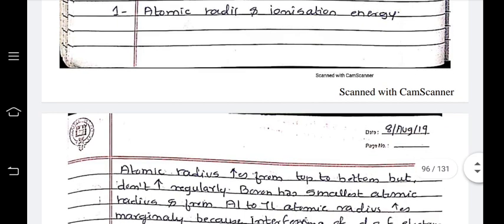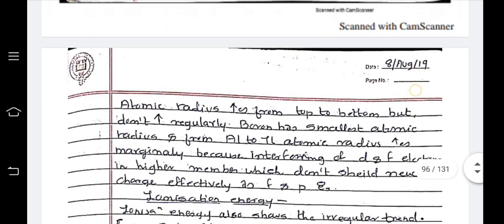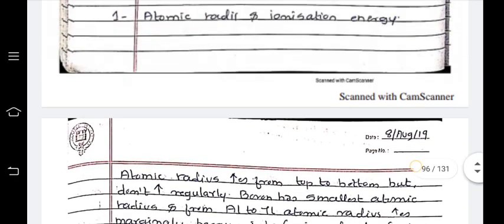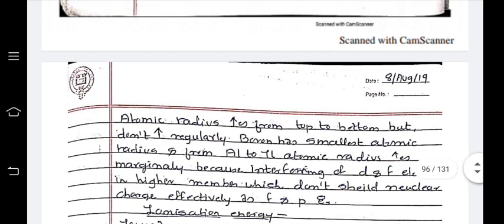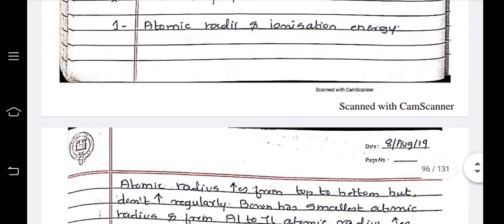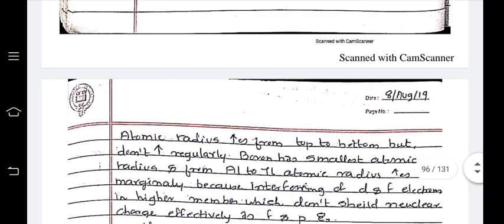Then about the atomic radius, a question will be asked in the case of the boron family. If you go from boron to thallium, atomic radius increases, atomic radius decreases, atomic radius does not change, or atomic radius changes with decrease in the atomic numbers.